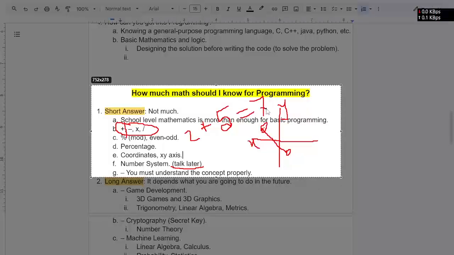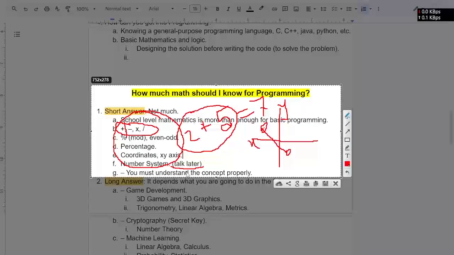So this is the real world problem you are solving. If you can use those operators or use that mathematics in the real world, and you understand the concept properly, that's good enough.